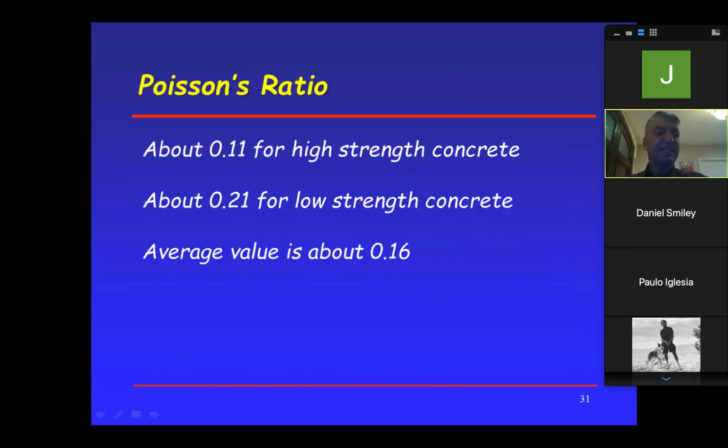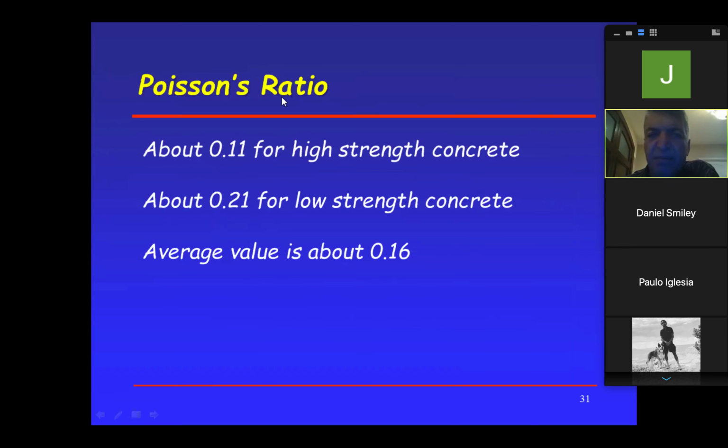Okay, next characteristic of concrete is Poisson's ratio. Again, you've seen those, hopefully you heard about those. Poisson's ratio, what happened when we press the cylinder down? It goes down, but we don't see it in naked eye, but it also goes out. Visualize that. It goes down and it goes out. Very small, of course.